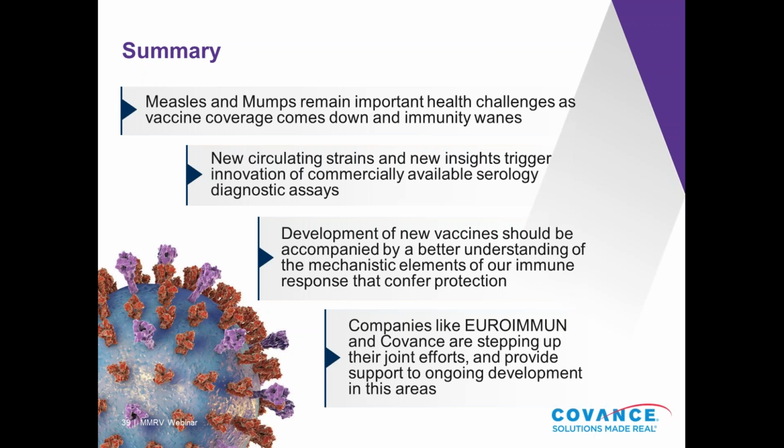The development of new vaccines against these viruses should be matched by a better understanding of the mechanistic elements of our immune response and what confers protection against infection and against disease. And that's why it's so important that companies like Euroimmun and Covance are stepping up their joint efforts and provide support to ongoing development of new novel vaccines and diagnostic tools.